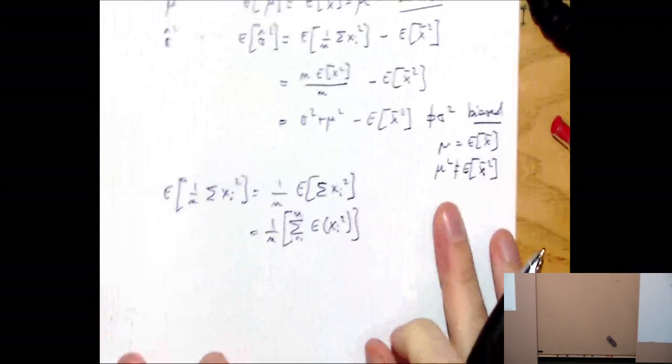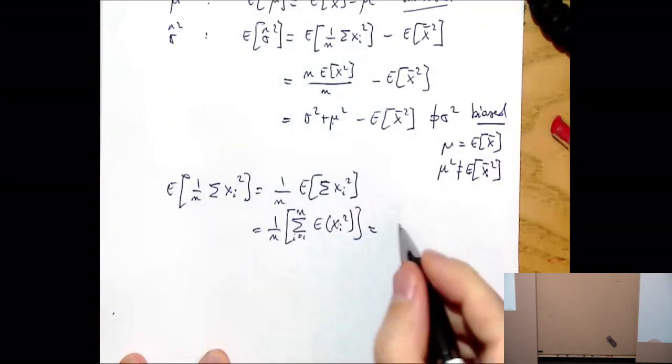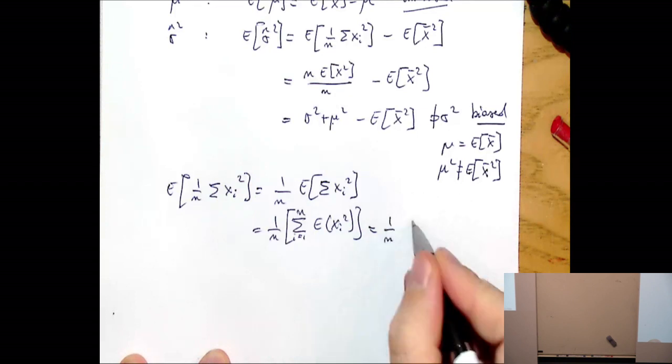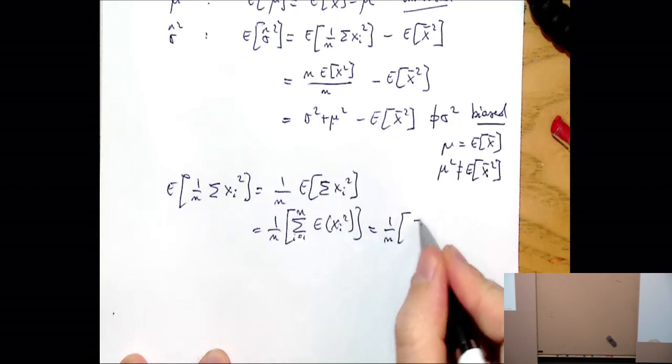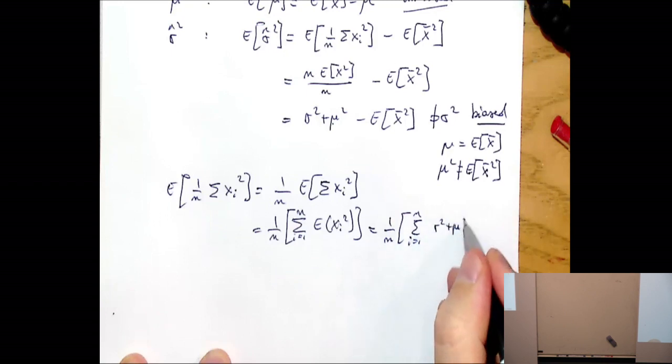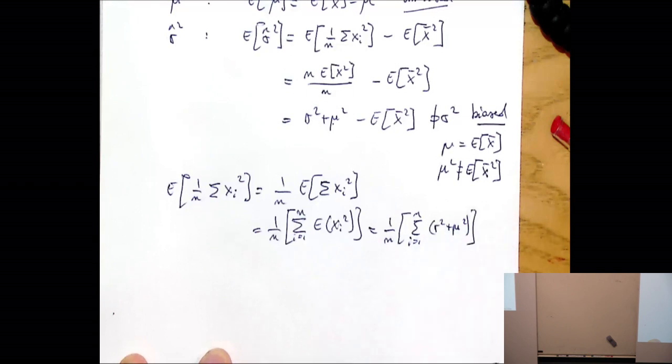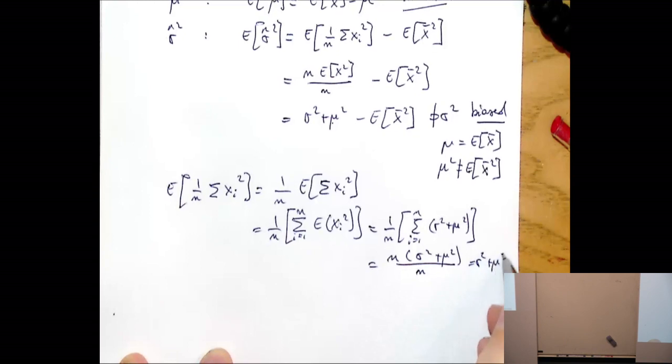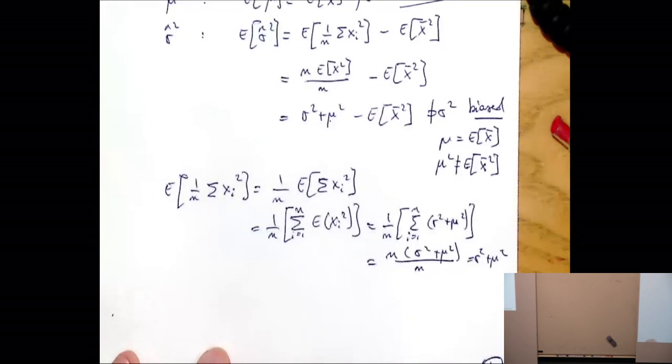So this will be essentially 1 over n, and here I have a sum over i to n of something that actually is the same for all of them, which is equal to sigma squared plus mu squared. Right, so that's equal to n times sigma squared plus mu squared divided by n, that's sigma squared plus mu squared. Good?